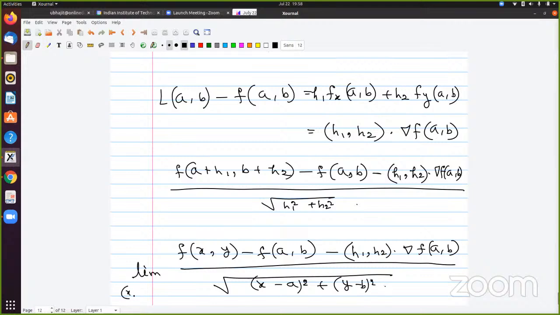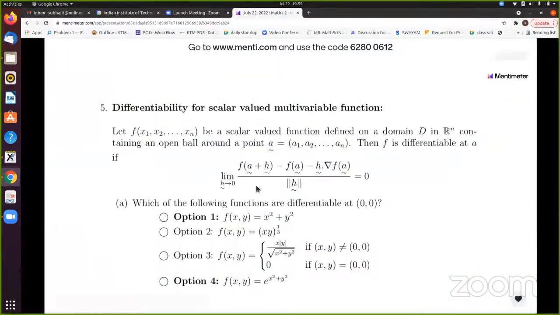Now this x, y should approach a, b, which means this h should approach 0, 0. Got it? Yes. So that is the definition of differentiability here.